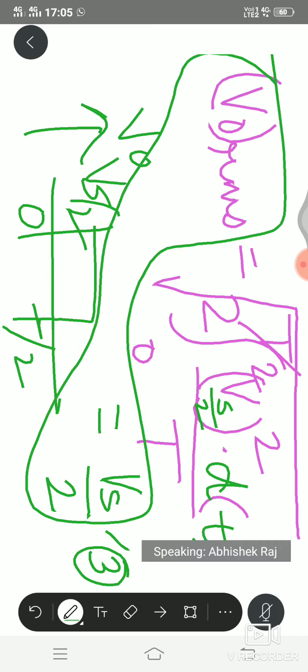Are you getting it like this? Equation number 3. Abhishek, is the answer coming Vs by 2?